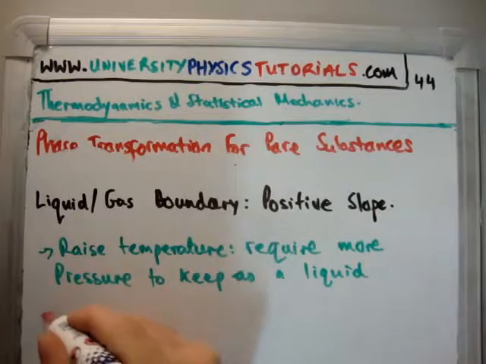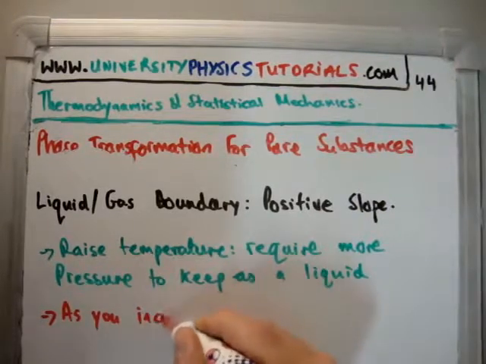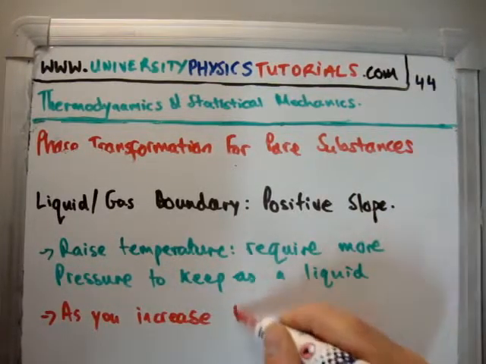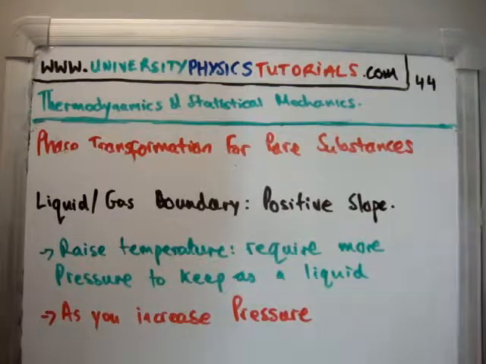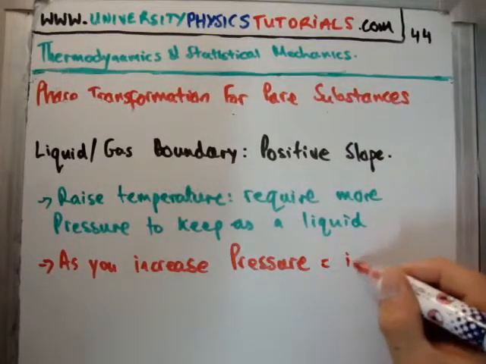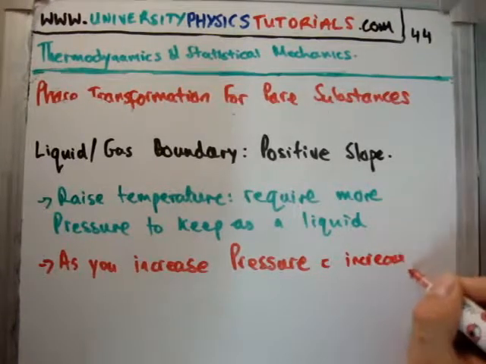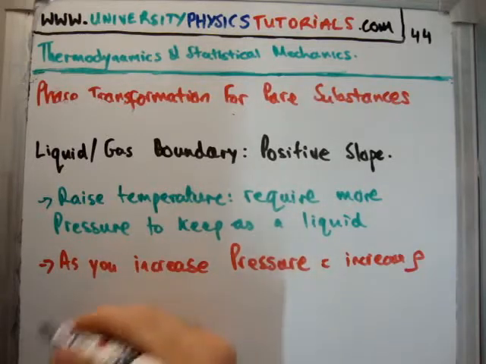But the problem here is that as you increase the pressure, you increase the density. So the point here is that the distinction between your liquid and gas ceases to exist, or we'll say it gets less and less, but it does cease to exist.